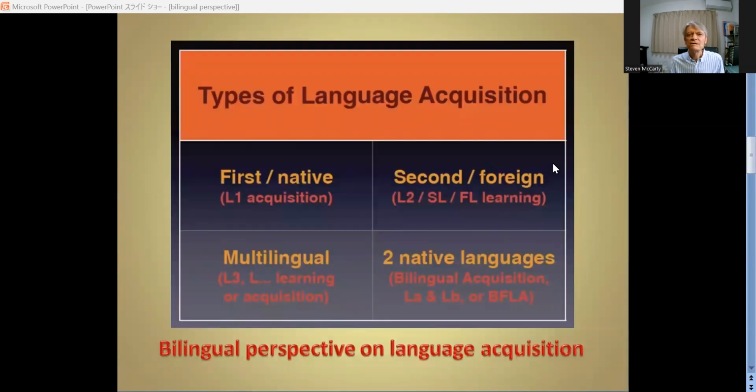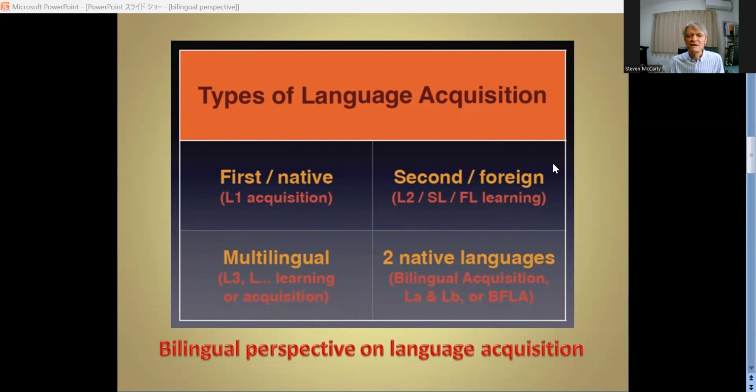I also have another formulation, which is the types of language acquisition. The main thing to notice here is that people can have more than one native language. The so-called half or bicultural children in Japan are an example of this.